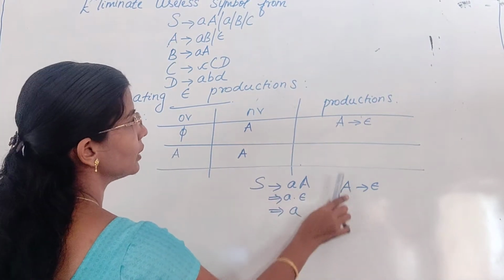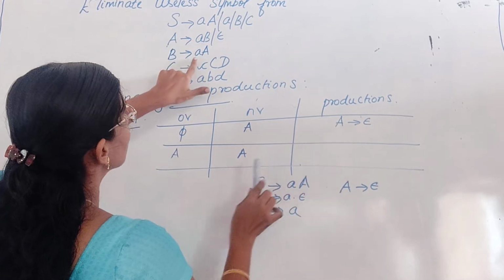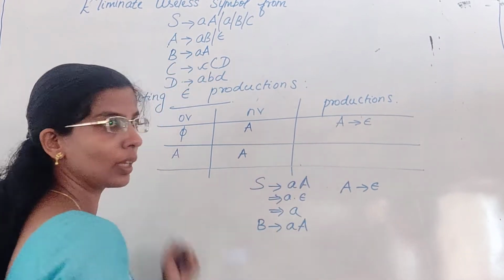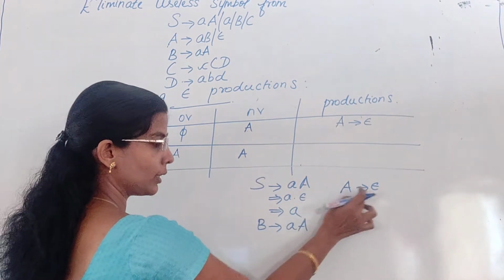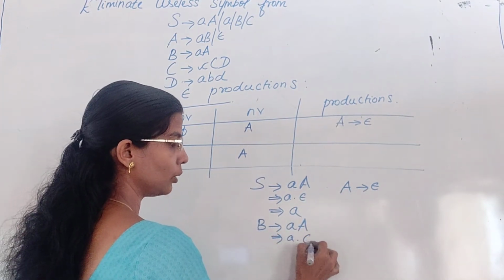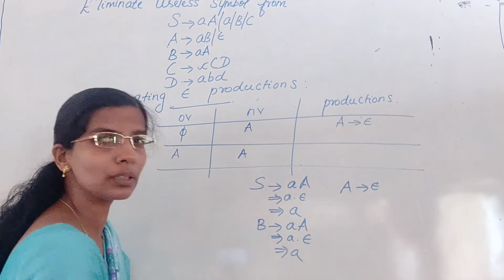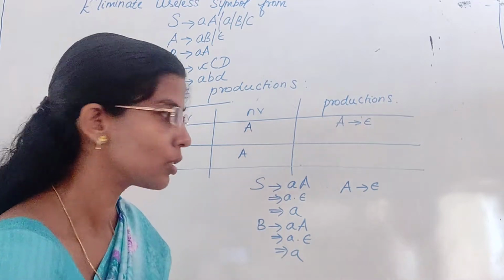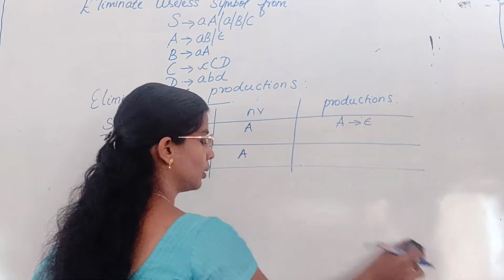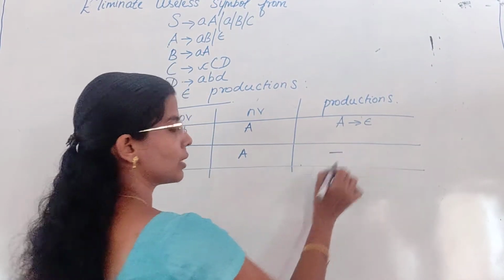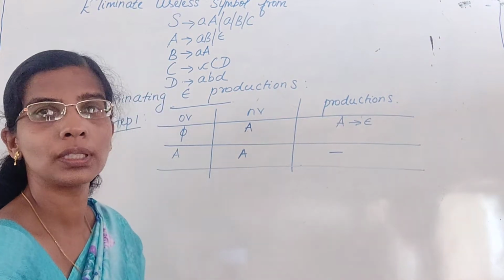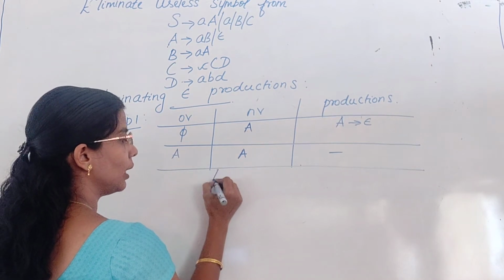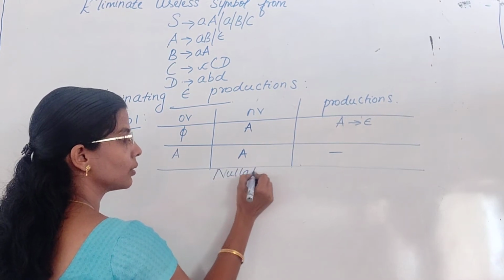Next, where do I have this A? Here. B tends to A. Substitute A tends to epsilon here. What will I get? Again, I am getting A. I am not getting only epsilon. So no more new productions. And at the end of step 1, you are supposed to write the nullable variables.